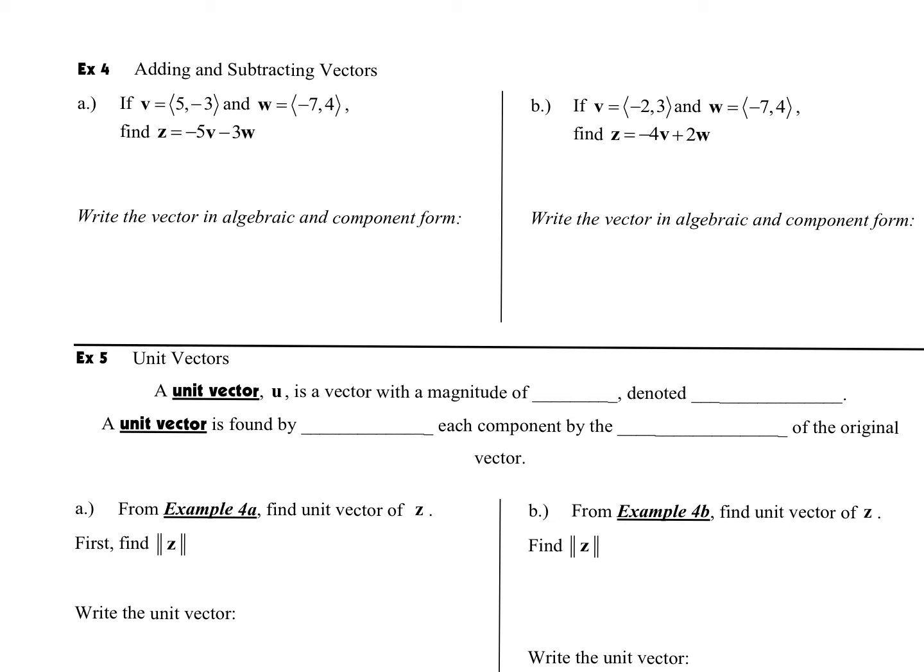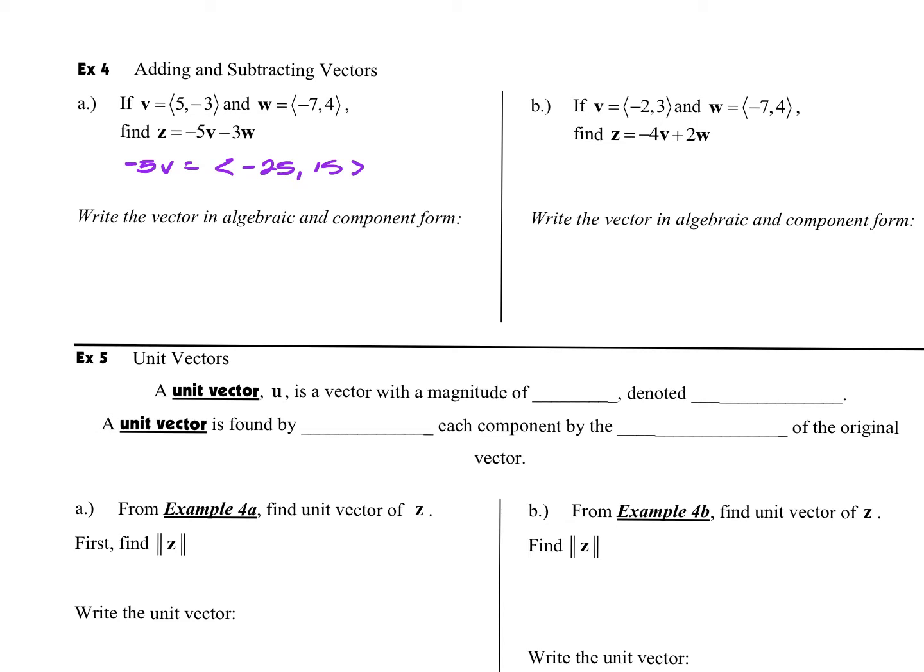So I personally like to take these two vectors and write them out before I get too far into this. So I like to write out what negative 5v of my v vector would look like, and that would be a negative 25 and a 15, multiplying each of those components by a negative 5.